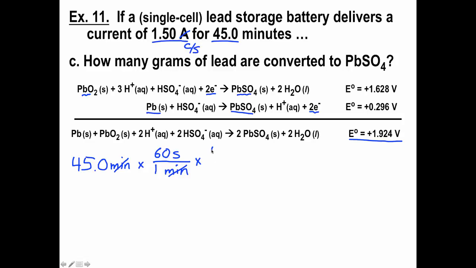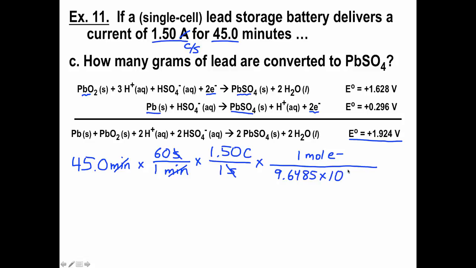So we have 1.50 coulombs of charge that flows every second. So that allows us to cancel out seconds. And then every 1 mole of electrons has a charge of 9.6485 times 10 to the 4th coulombs, and so that lets us cancel out coulombs.